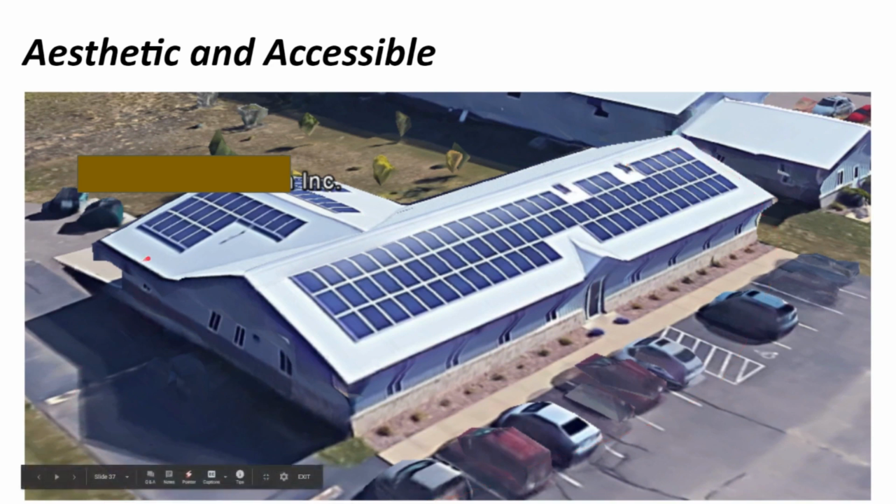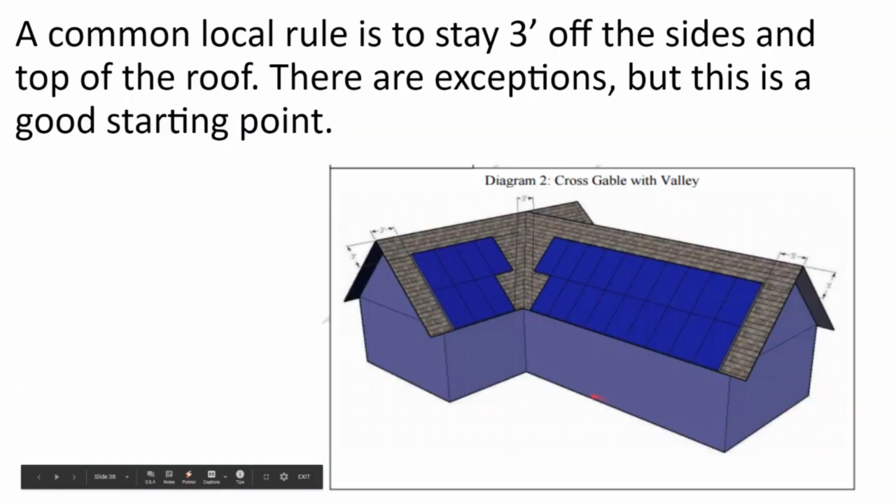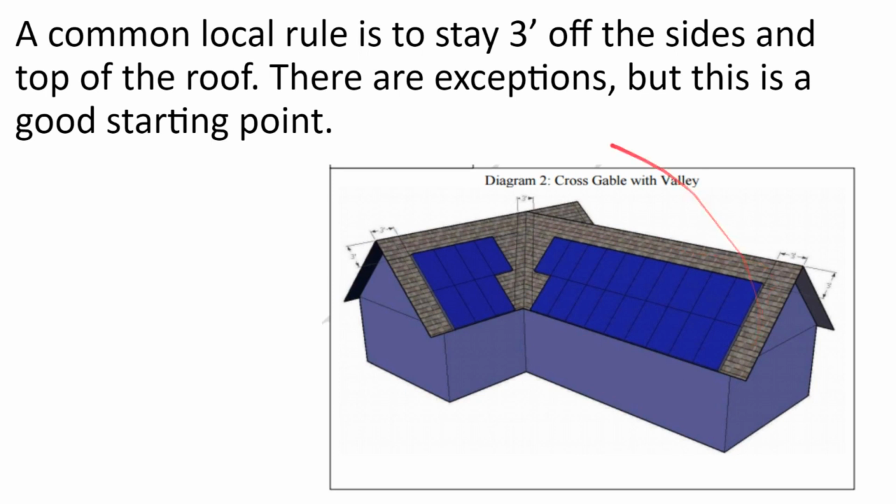It is possible to cover an entire slanted roof from edge to edge with solar panels and maintain compliance with international building and residential building codes. It is also common for local authorities, such as fire departments, to add additional stipulations, such as a common 3-foot offset from the sides and top of the roof requirement for solar array layouts.